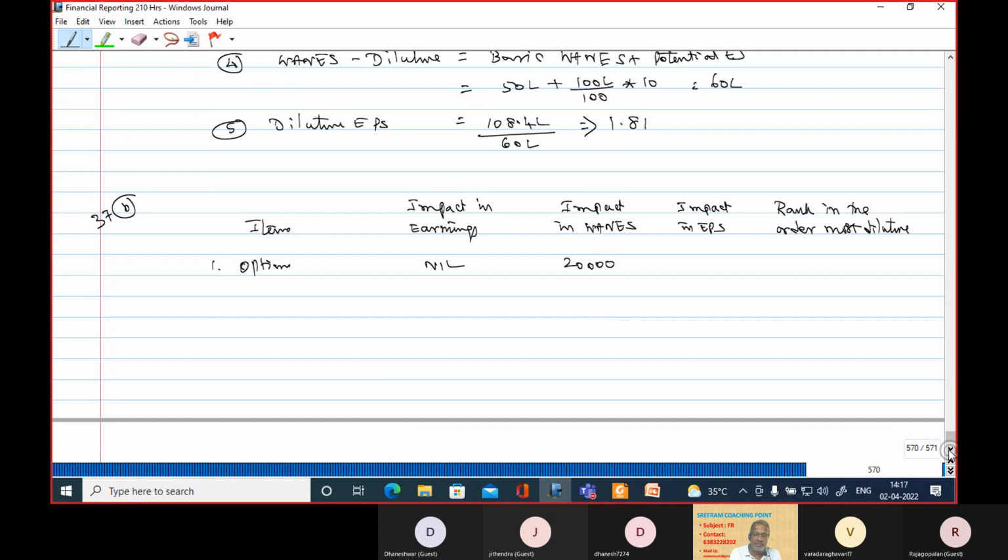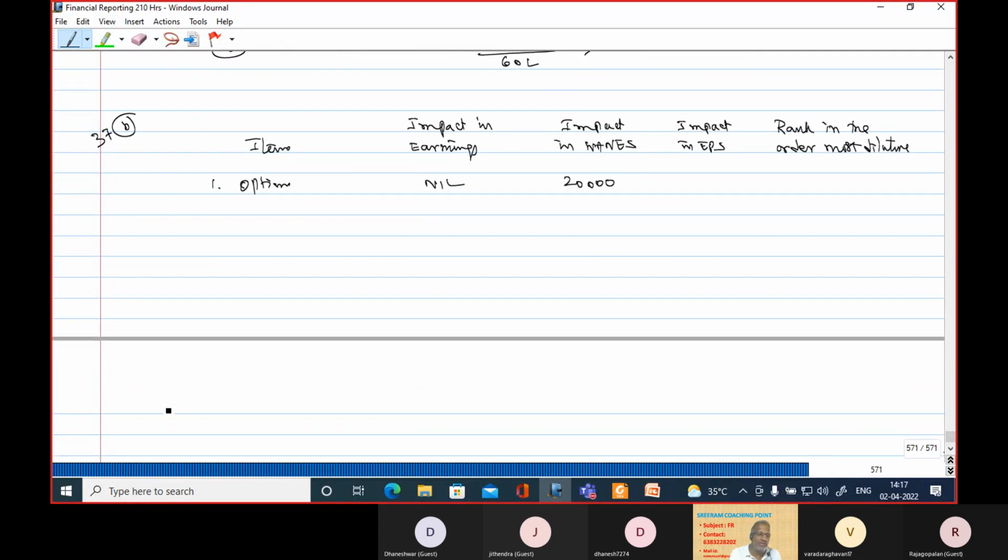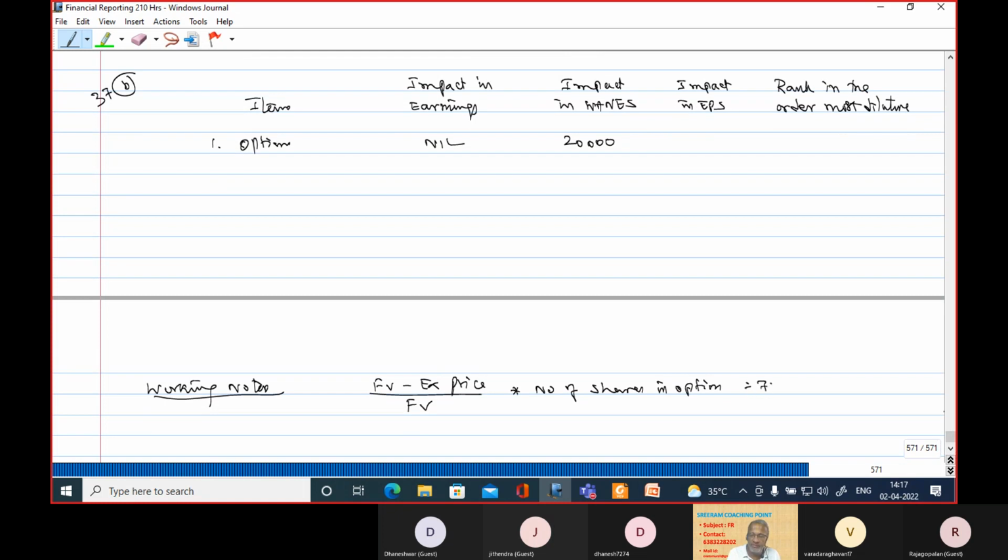So people might ask this question, sir, how do you know this? We are going to develop one working notes. So working notes, how do we do it? Fair value minus exercise price, divided by fair value, into number of shares in the options. Which is 75 minus 60 divided by 75 into 1 lakh.